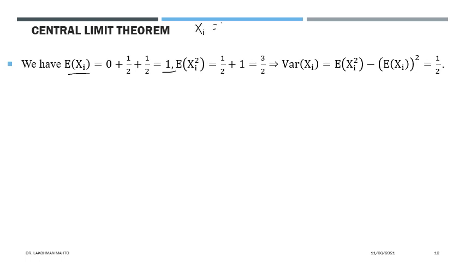It is taking value 0 with probability 1/4, value 1 with probability 1/2, and value 2 with probability 1/4. So this distribution is given, and you can write it as the probability mass function of Xi.